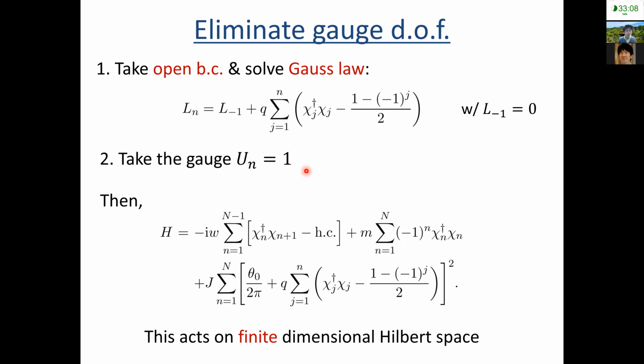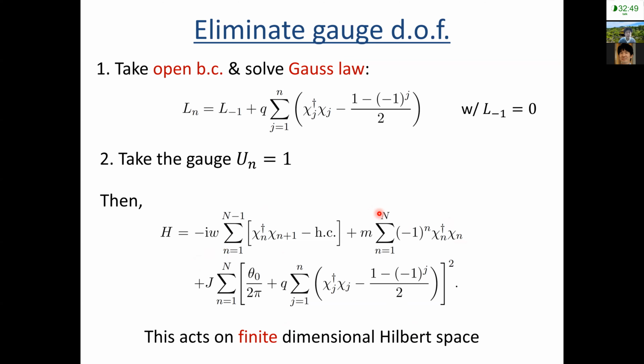And also we take the gauge U_N equal to 1. Then the Hamiltonian is given by this, although it looks complicated. Now we have only fermion operators, lattice fermion operators.